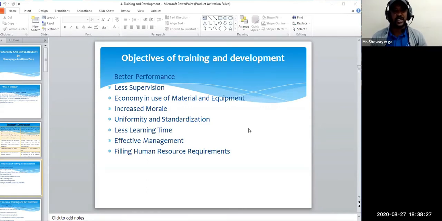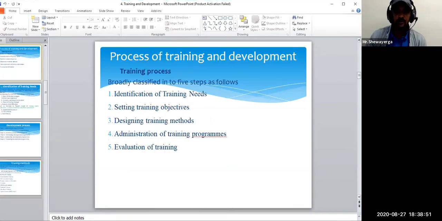Another objective of training and development is to ensure less training time, or to reduce training time, and to make management in the organization effective. And another one is to fill human resource requirements. It's all about the objectives or aims of training and development.